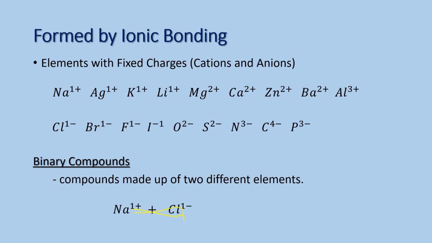But since it's just 1, we can afford not to write it anymore because it is already understood that if we don't see any subscript, it is automatically equal to 1. So this will become now NaCl, and we name it as sodium chloride, which is a type of salt, a table salt. So this is how we form binary compounds through ionic bonding.